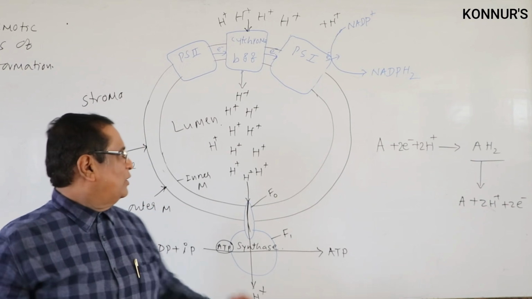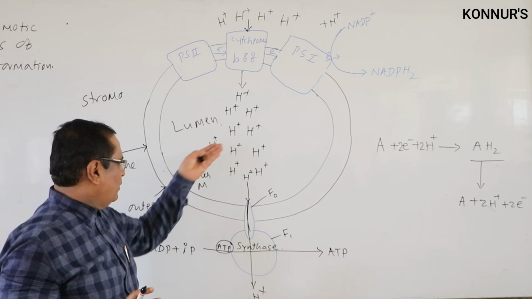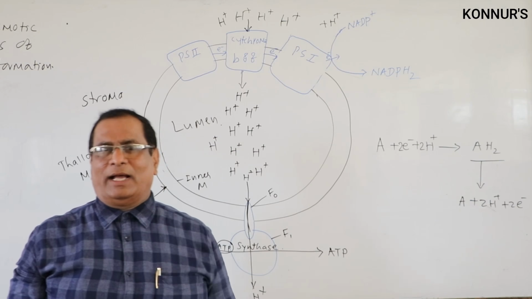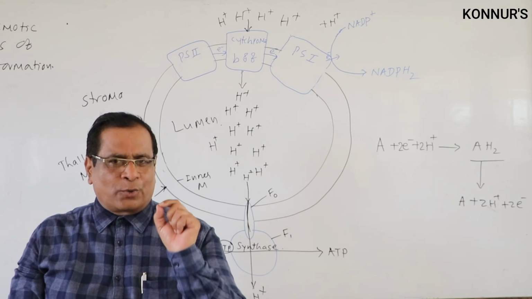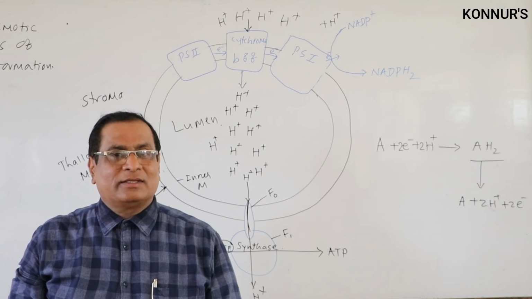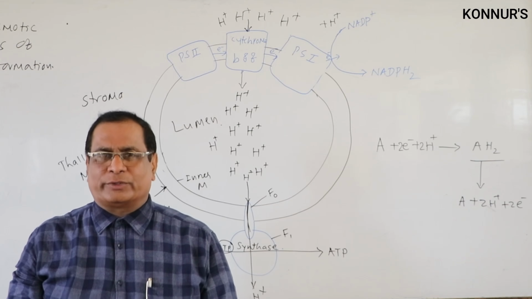Gradient in the sense, protons are more accumulated in the lumen, less in the stroma. As the proton gradient is created, that makes the proton motive force.